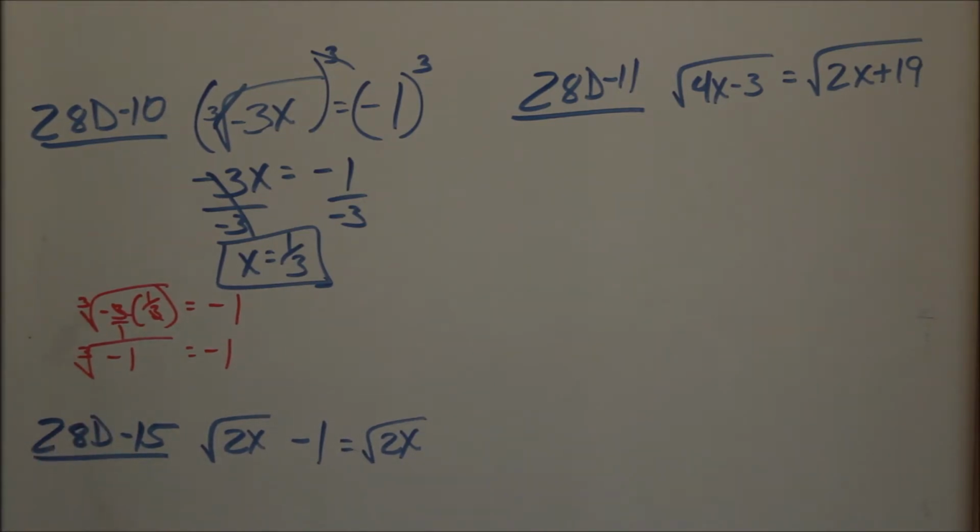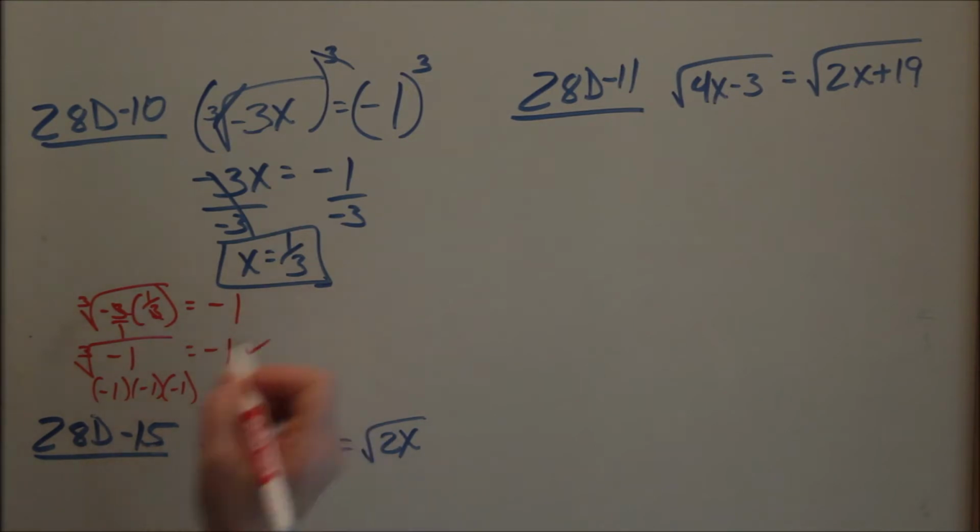Is the cube root of negative 1 negative 1? In other words, you're saying what times itself 3 times will give you negative 1. Does this times itself 3 times really give you negative 1? It does. Negative 1 times negative 1 times negative 1 does give you negative 1.